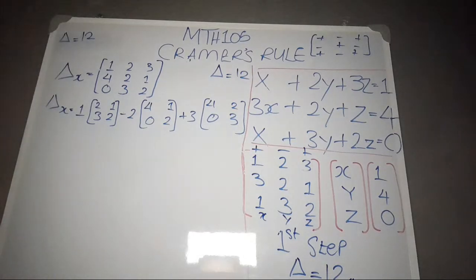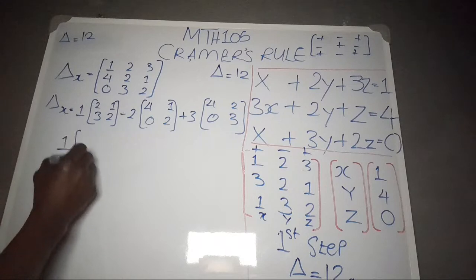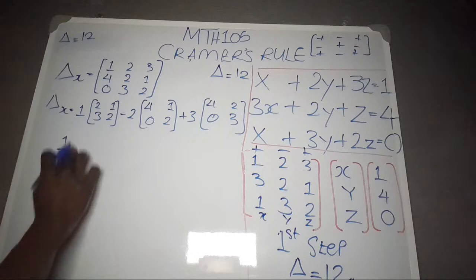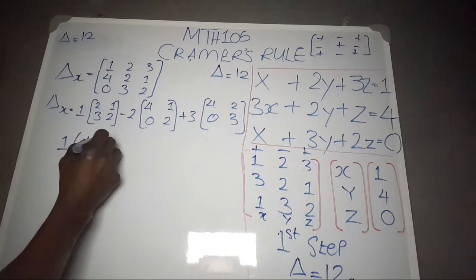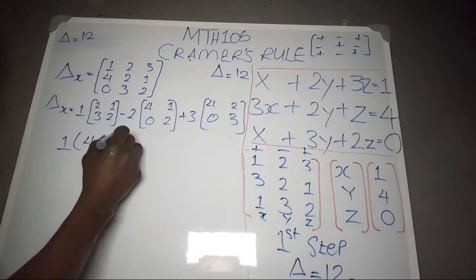Then we know the next thing to do: just multiply. Then we say 1, that's 2 times 2 gives us 4, minus 3 times 1, that's 3.